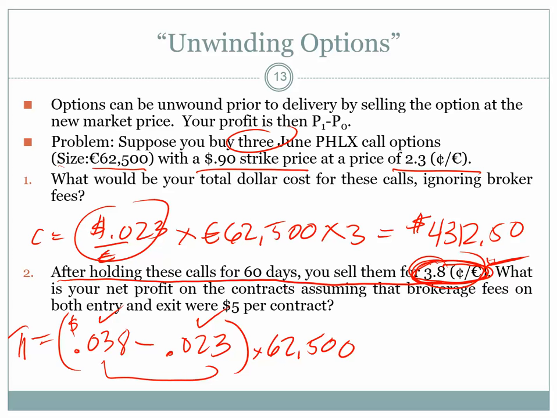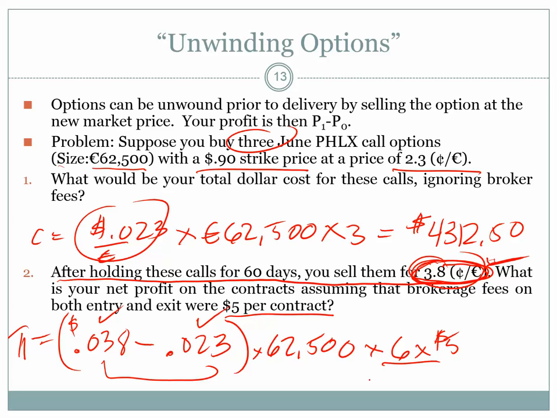And then what if we had some brokerage fees? Well, if you bought 3 contracts and you paid $5 every time you bought a contract from the exchange, and then you sold the 3 contracts and paid $5 for each contract when you sold, you actually had 6 transactions, 3 buys, 3 sells, and if the transaction costs were $5 each, you paid an extra $30.